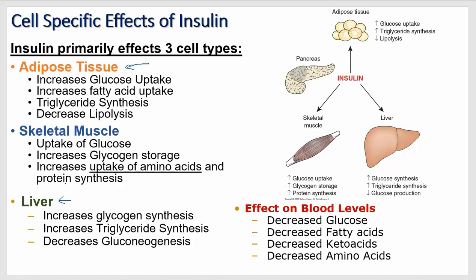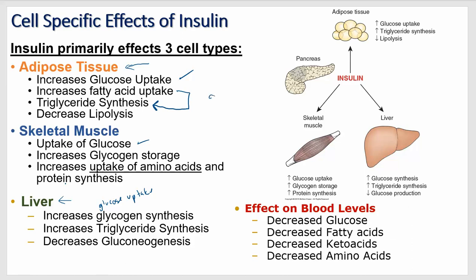So adipose tissue, well, all of it's going to increase glucose uptake. So glucose uptake is happening in all of them. It doesn't say that here, but glucose uptake, glucose uptake in the liver too. All right. So in adipose tissue, increases fatty acid uptake. So more fatty acids are moving in. And what happens to fatty acids? They are converted into triglycerides.